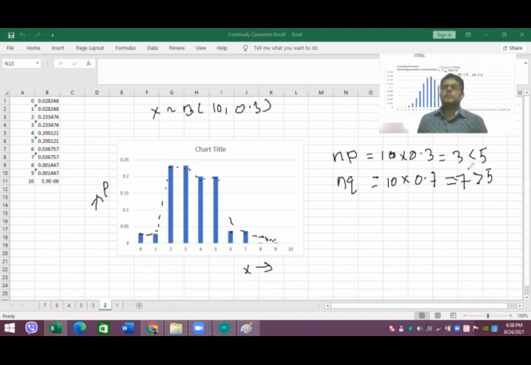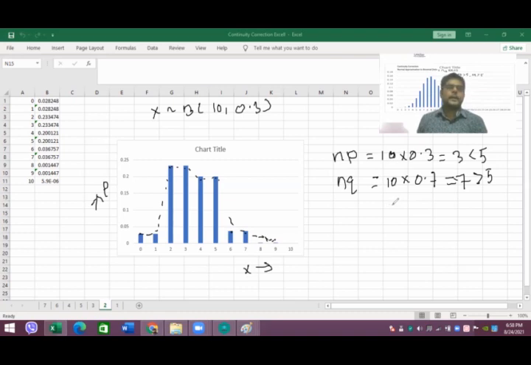So one is less than 5 and another is bigger than 5. That means this is also not the situation where the curve gives a proper shape, and where we can match up this binomial probability to another kind of continuous probability. So there must be one condition, that both np and nq should be greater than 5.